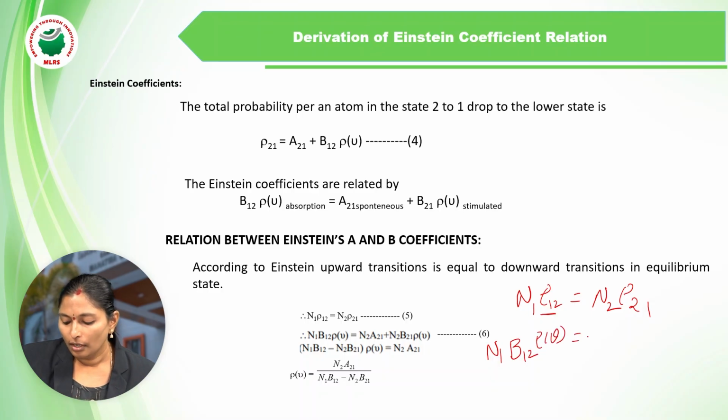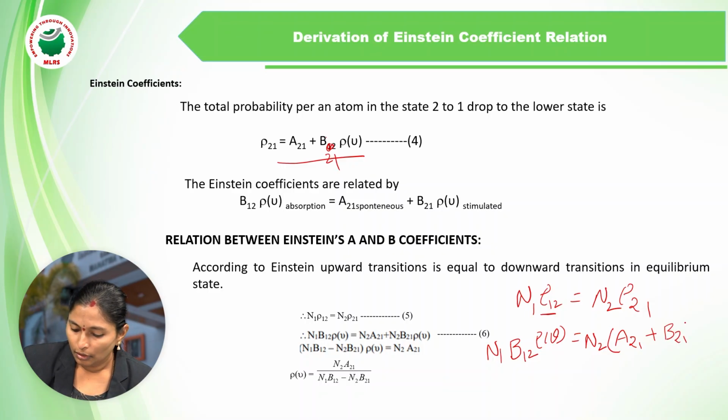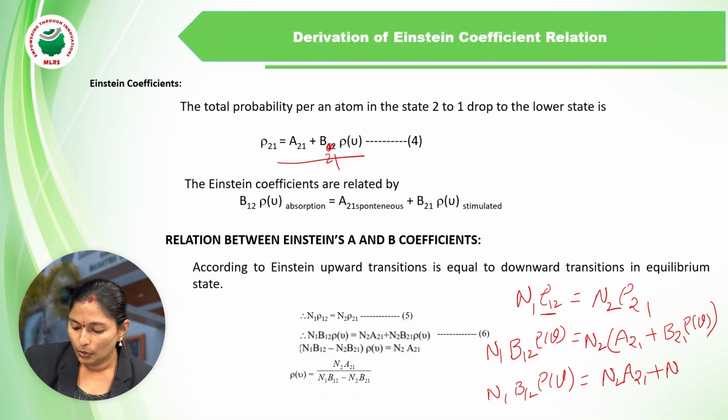In the same way, N2 times A21 plus B21 rho nu, energy density. So next step: N1 B12 rho nu equal to N2 A21 plus N2 B21 rho nu.